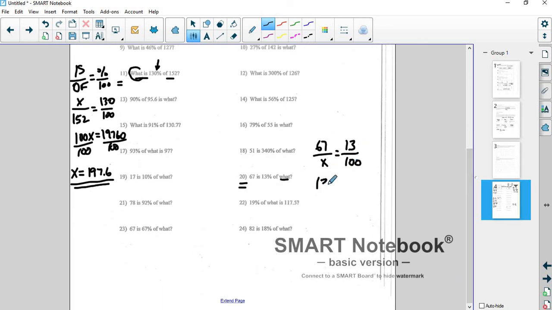Cross multiply, we get 13x equals 6,700. Divide by 13. You take 6,700 divided by 13 on your calculator, and you get 515.38 and so on. So x equals 515.4 rounded to the nearest tenth. Again, that's not percent because it's an of, it's not a percentage. The percentage only happens once, and in this case, you got it. It's the one that's over 100.